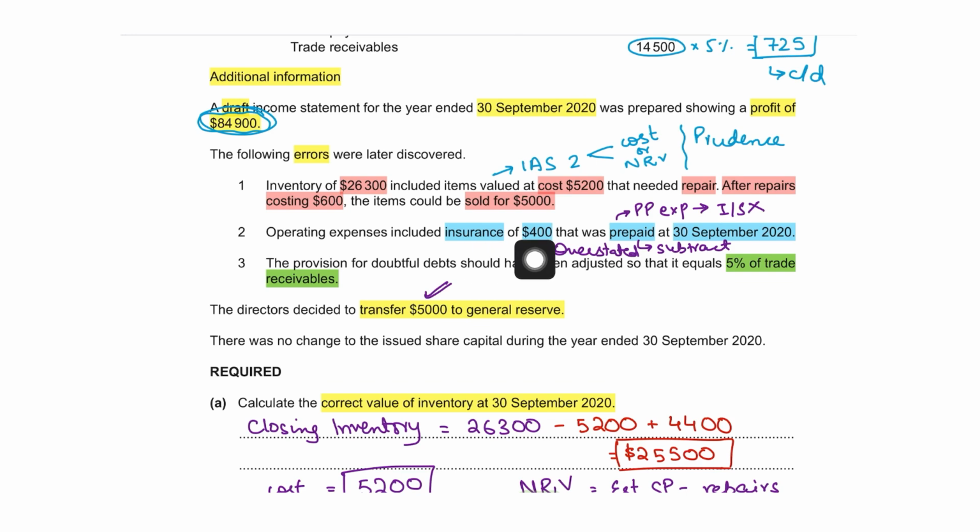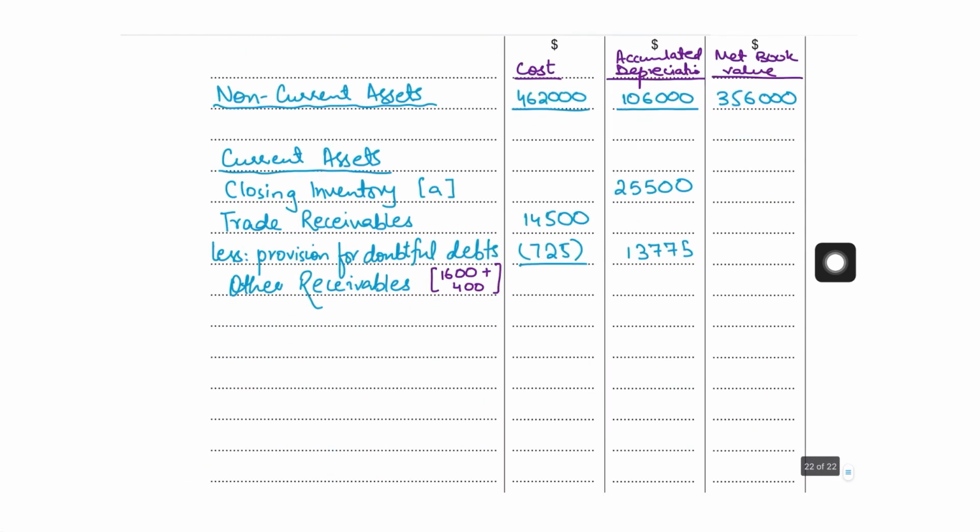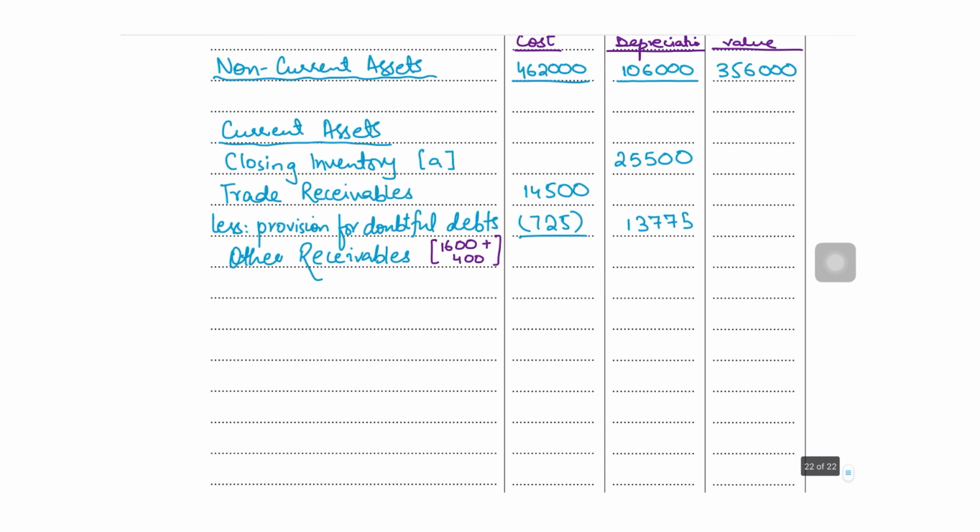So we know that a prepaid expense is an asset for the business, as its services will be received, will be utilized, will be incurred in next year. So that is treated as a current asset in the current year, any prepaid expense, right? So 400 will be added to the other receivables because previously it wasn't treated this way. So 1600 plus 400, 2000 are my total other receivables.